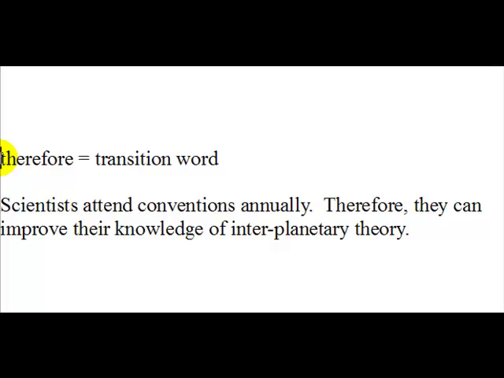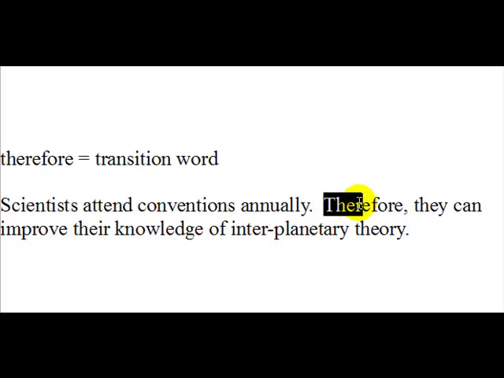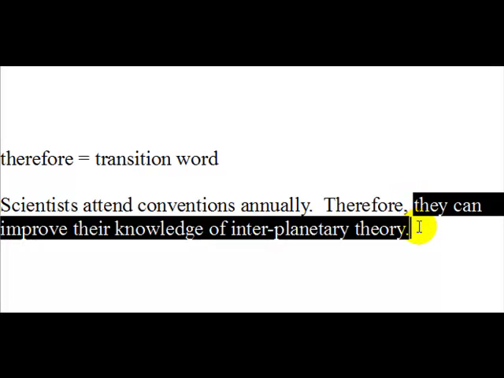Therefore, as I stated, is a transition word. Scientists attend conventions annually. That's the first sentence, period. Then you have therefore, your comma, and then you have they can improve their knowledge of interplanetary theory.